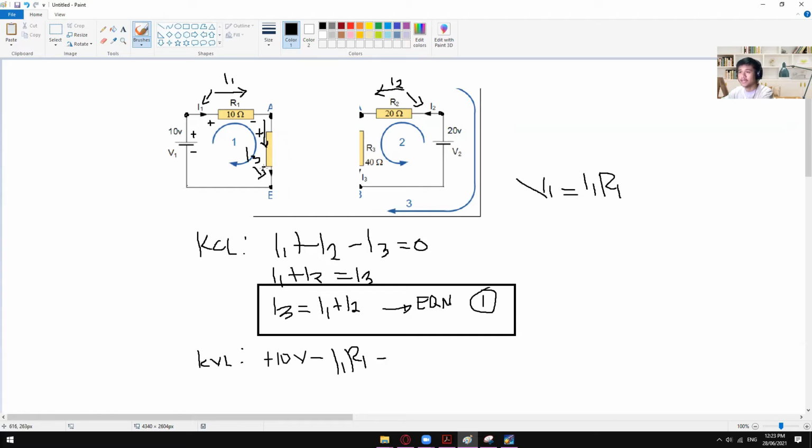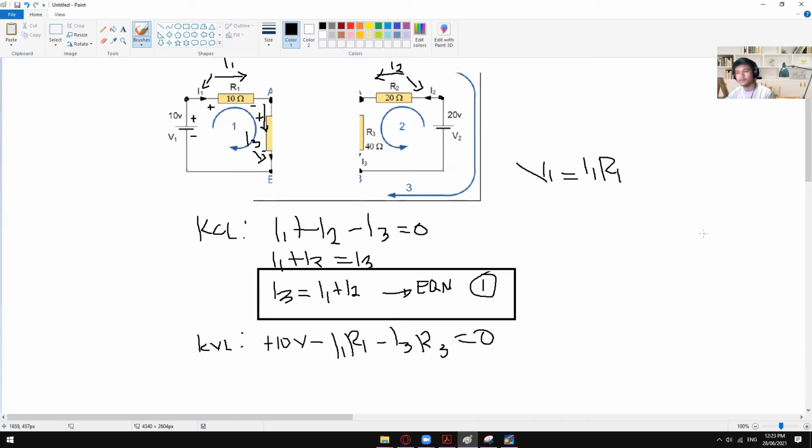So positive and negative, I'll consider the outer sign, negative I3 times R3, since this is resistor 3. After that, going back to our original voltage source, just equate this to 0. So this is now our equation number 2.